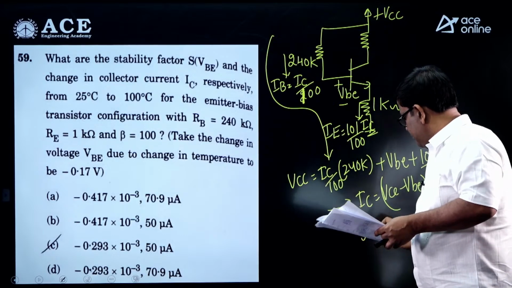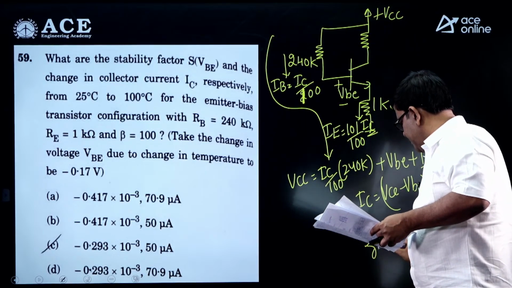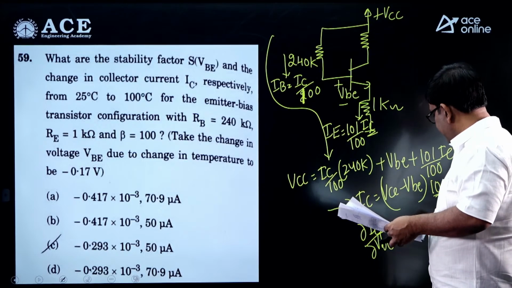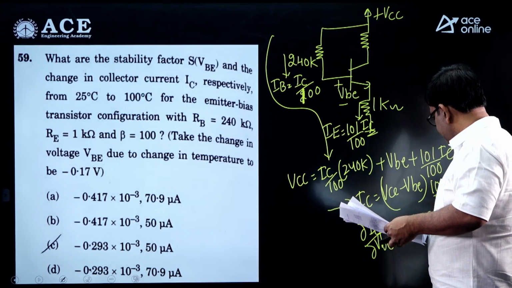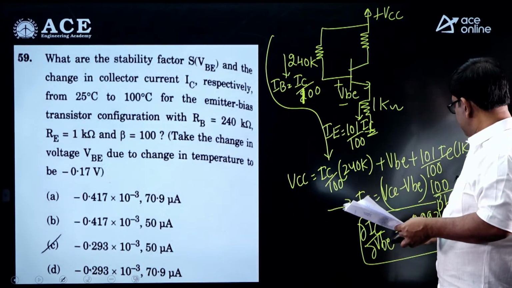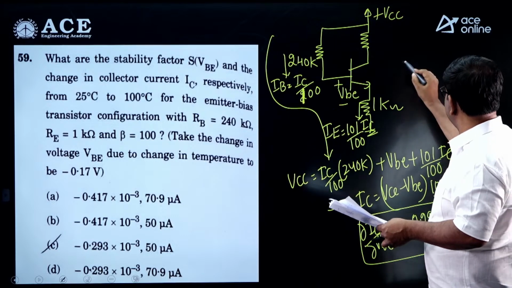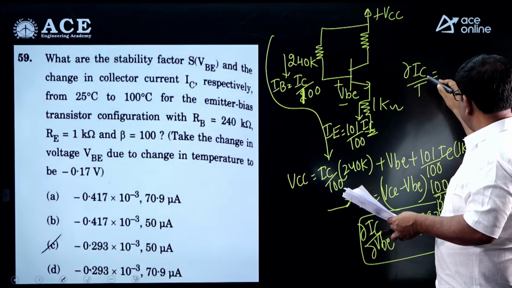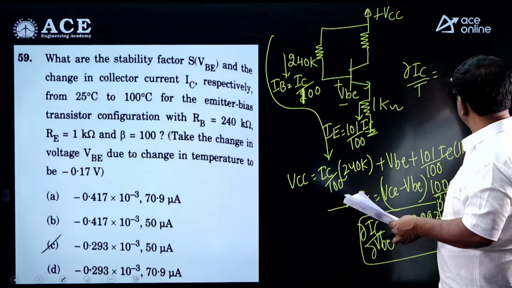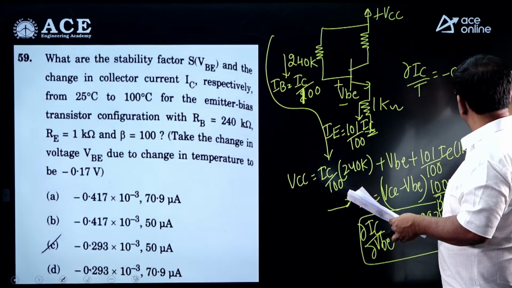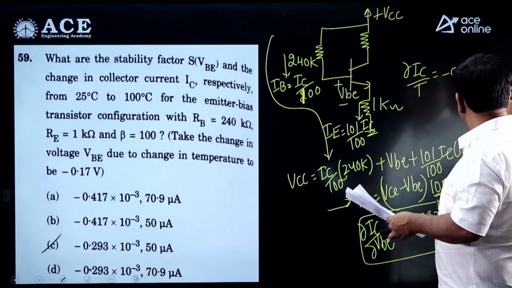So now you do change in IC by change in VB. So this 100 by 341, we are getting minus 0.293. Minus 0.293, and change in VB, if you send it to the other side, change in IC with respect to temperature is minus 0.293 into change in VB by change in temperature.